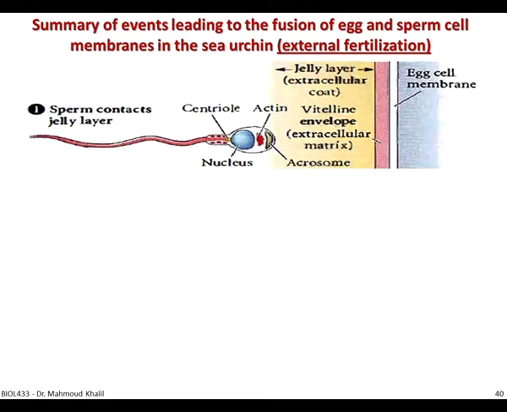So basically, the process of fertilization occurs outside both the male and the female. That's why it's called external fertilization. Now we see the steps of this fertilization in sea urchin, but keep in mind that this fertilization occurs in sea water.